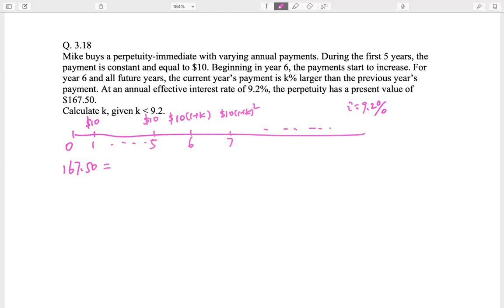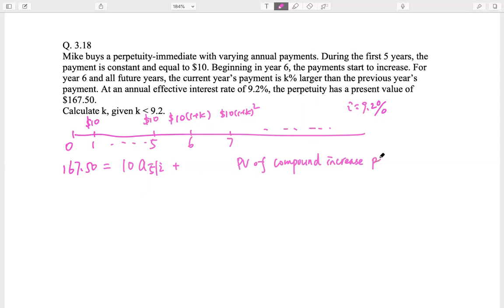This is relatively easy to analyze because the first part is very easy, right? We have 5 equal payments of $10. That's an annuity immediate. Then we have something we need to analyze. Technically speaking, this is what we call the PV of compound increase.